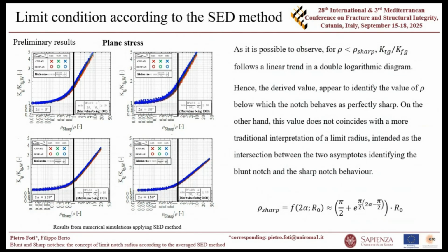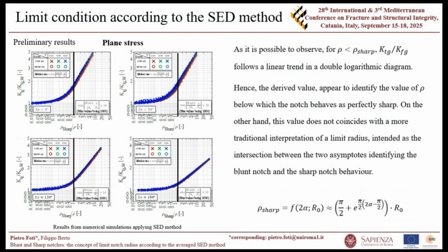As you can see, this condition is able to somehow find a point where the notch starts behaving as a sharp notch, but it's not representing the conventional condition that we are used to when dealing with the definition of sharp and blunt notches.